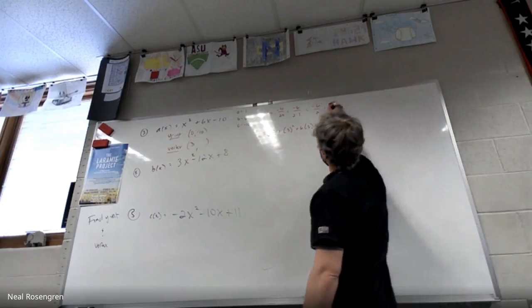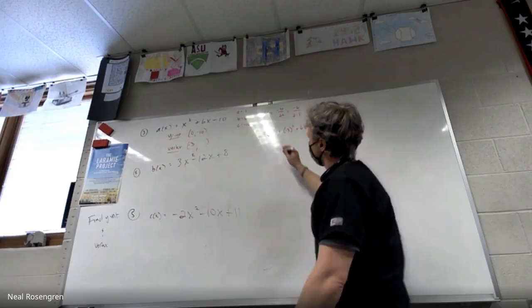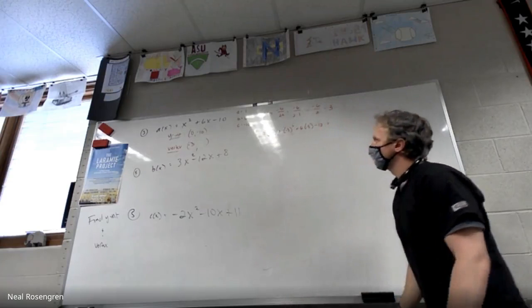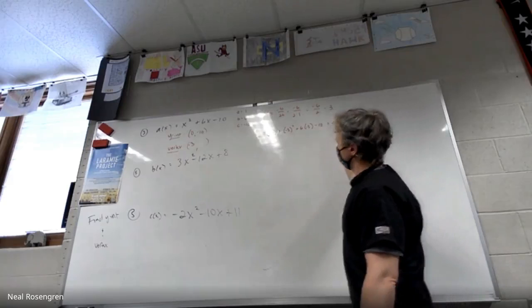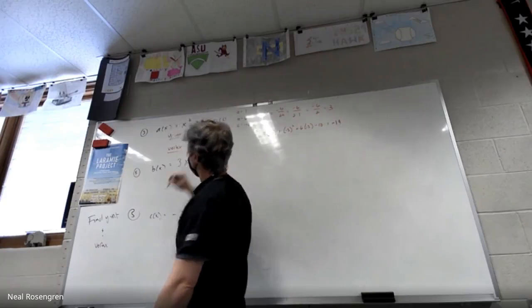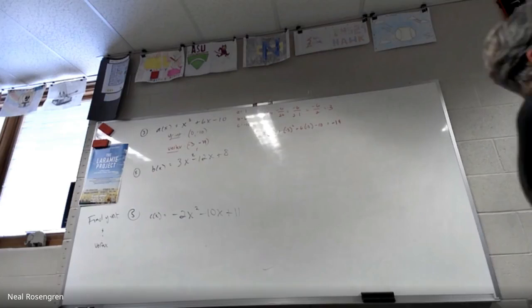Negative 9, negative 19. There's a blue one down there, negative 19. And your negative 10. Crazy. So nice, though.